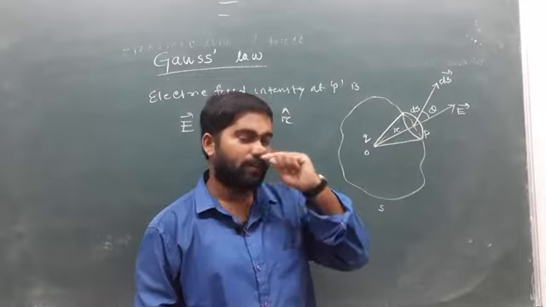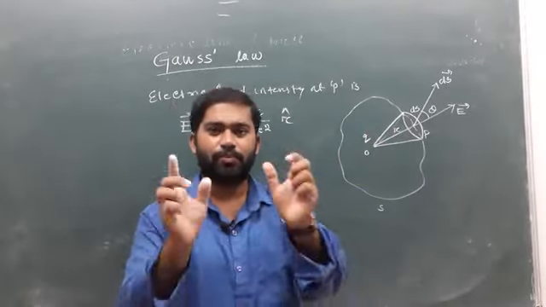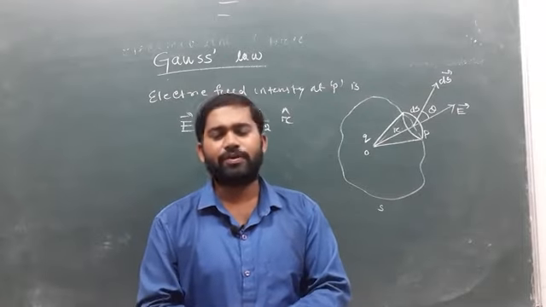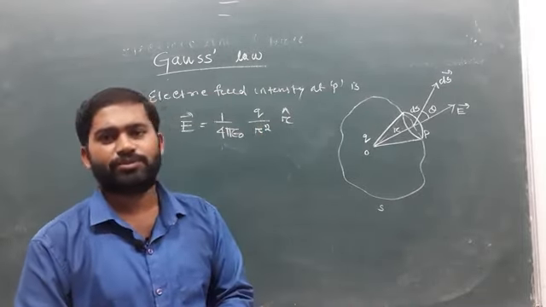Then we can measure the flux associated with that small region, because flux is the dot product of electric field intensity with the area vector of the surface.